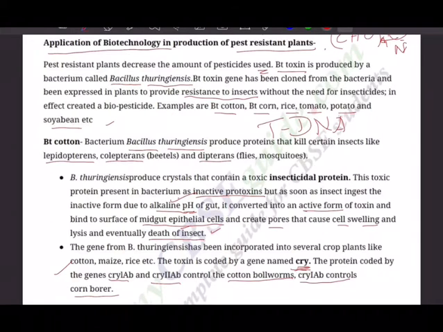This genetically modified crop is called Bt cotton, as it contains Bt toxin genes against cotton bollworms. Similarly, cry1Ab has been introduced in Bt corn to protect it from corn borer. So this is what we have been talking about.